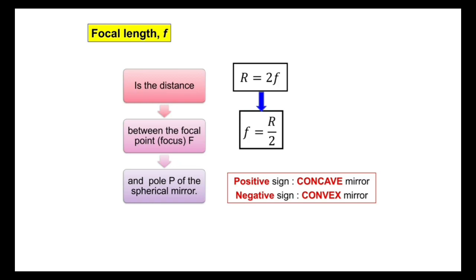Radius of curvature is 2 times the focal length. Again, focal length for concave mirror is positive and for convex mirror is negative. It is the same with radius of curvature. For concave mirror, radius of curvature is positive, and for convex mirror, radius of curvature is negative.